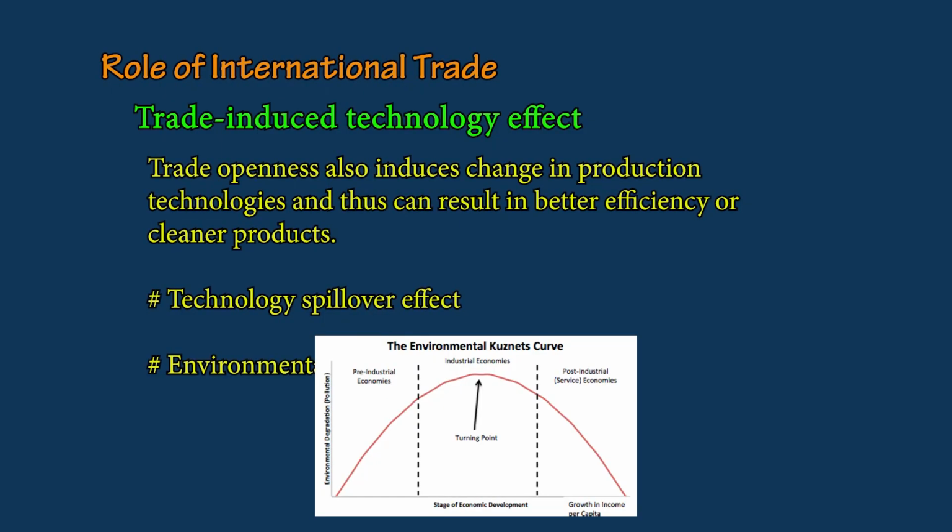Environmental quality is considered in economics to be a normal good, which means when income increases, people demand more and better environmental quality, right? So when trade openness increases, income increases.